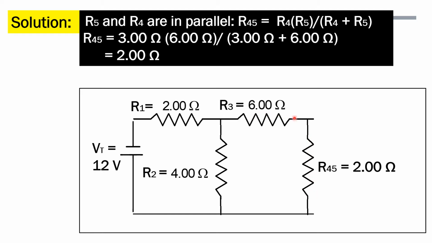So we say the two resistances R3 and R45 are connected in series. The next step is to combine R3 and R45.